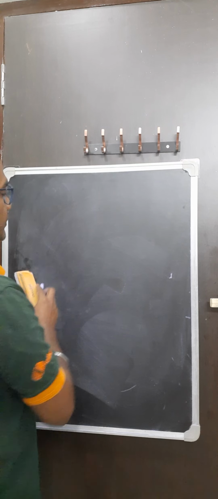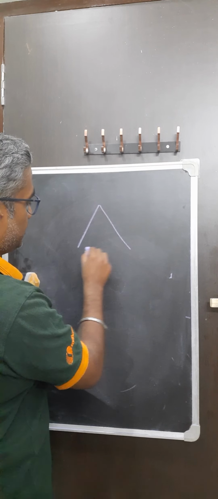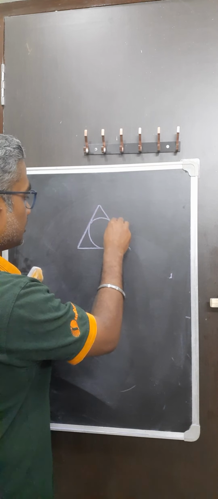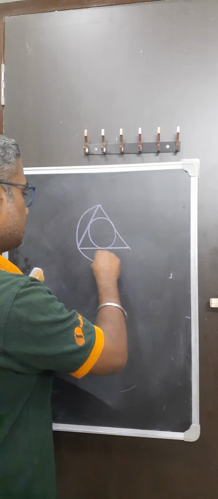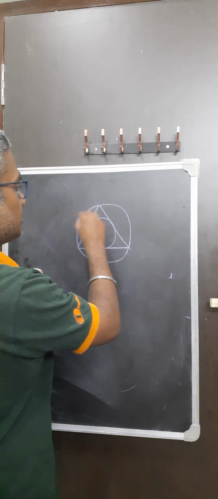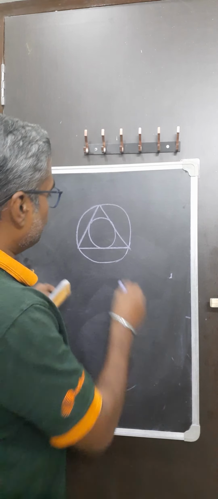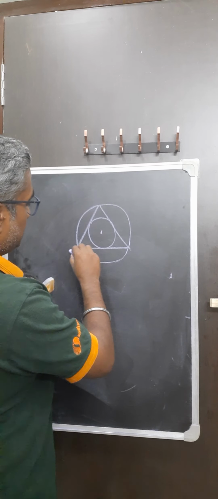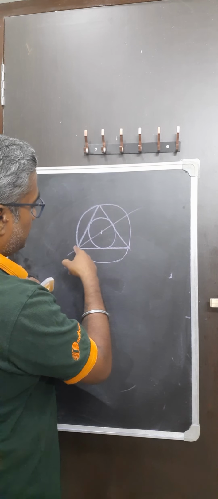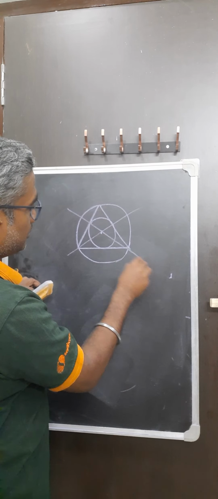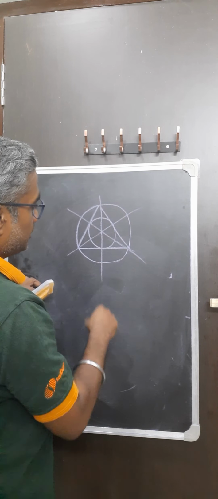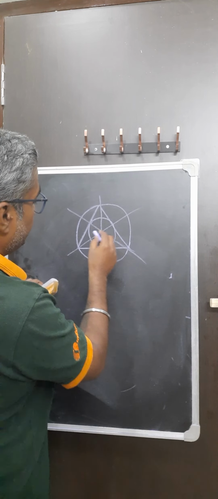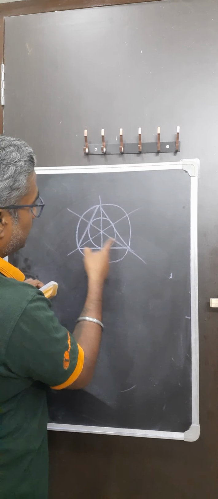Now let's say this is an equilateral triangle. For this case, if I draw the incircle and if I draw the circle considering the circumcenter, I will get the same point for both. Why? Because the lines which are dividing the angles and the lines which are dividing the sides equally are the same line.